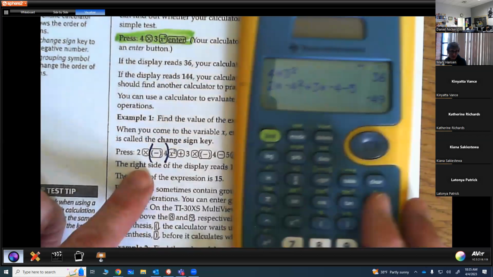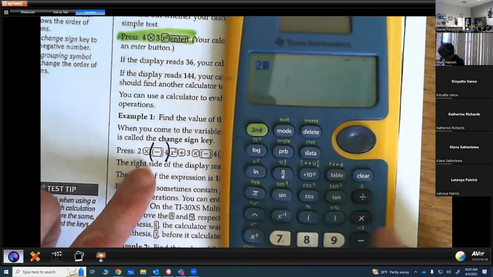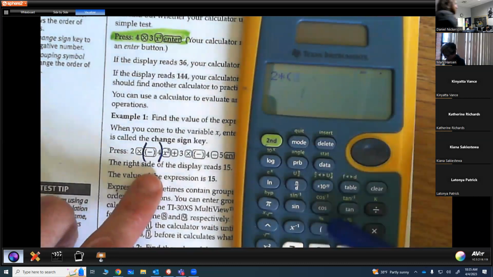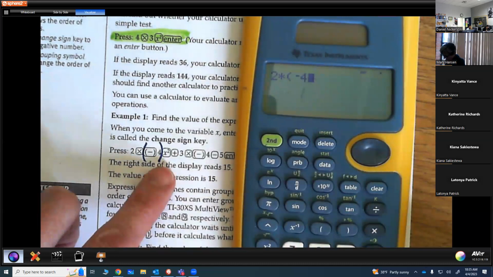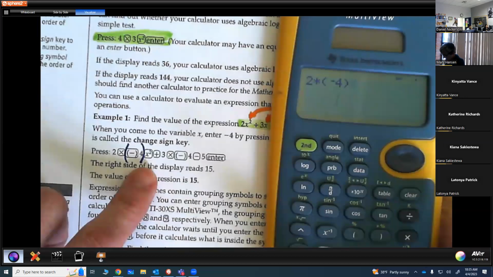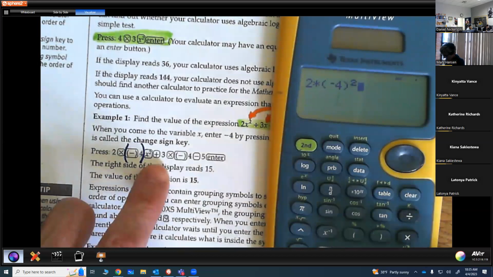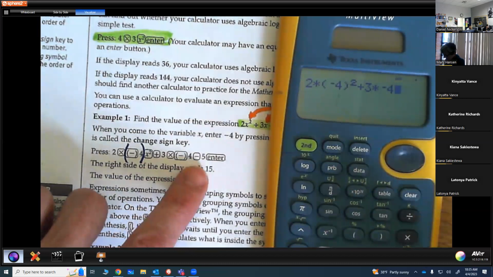So let's start this again. We want to put 2 times, and then we want to put the open parentheses, which is above the 8. And then we put in -4, and then we close the parentheses, and we're going to square it. And then we're going to add 3 times -4 minus 5.